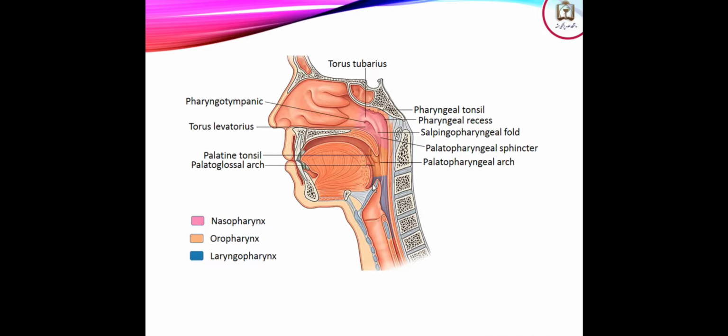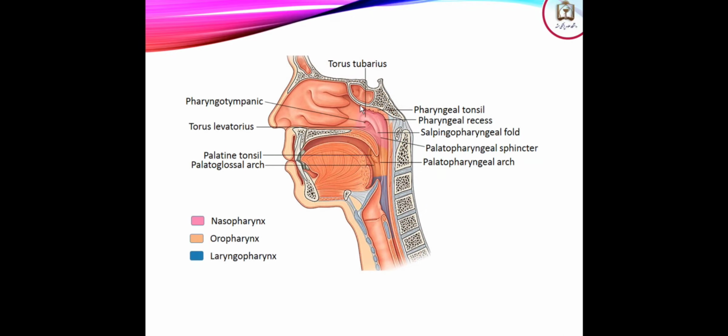Vallecula means valley. Here is the tongue, or glossus, and here is the epiglottis. There are 3 folds between them called glossoepiglottic folds.